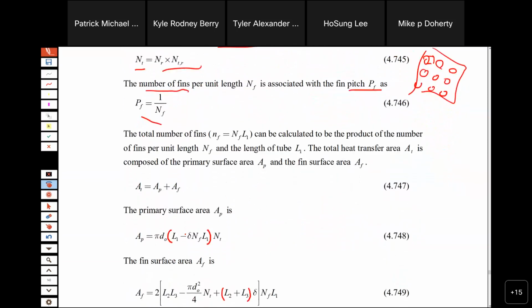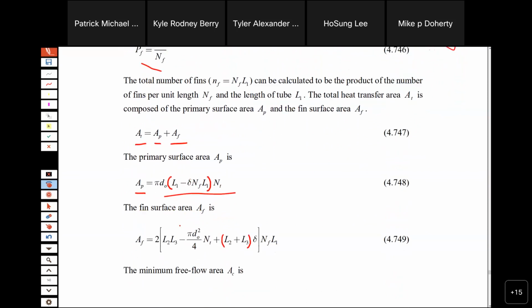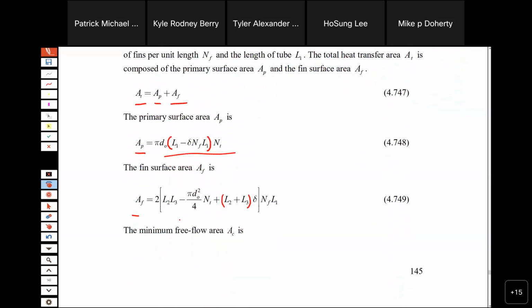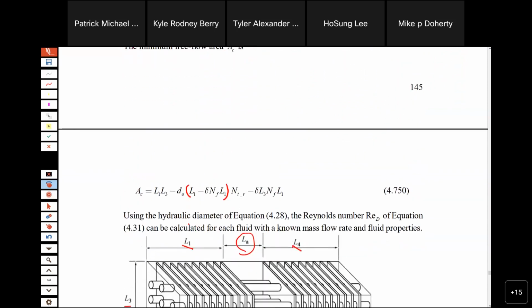And then again, total heat transfer is primary and the fin. So exactly the same idea, primary, I can figure out. Delta is the thickness of the fin. And then the fin also, I can figure out three terms.